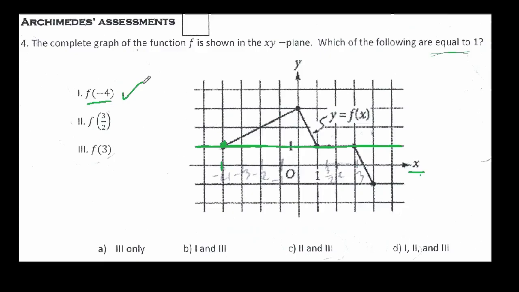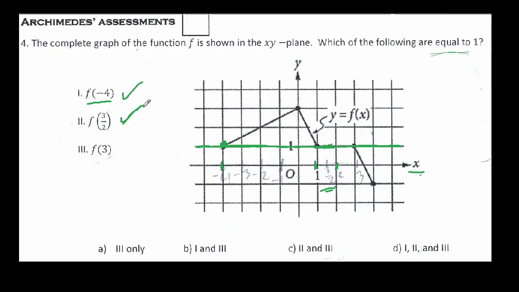Now we're going to look at f of 3/2. 3/2 is the same thing as 1.5, which is right between 1 and 2. So here's 3/2. Is the output there 1? Yes, it is. The graph kind of flattens out there, and it flattens out right at 1.